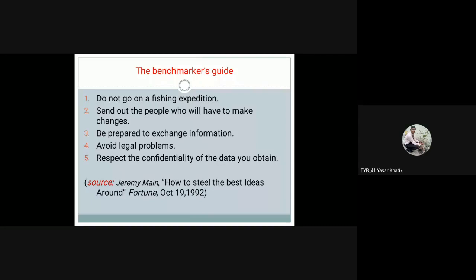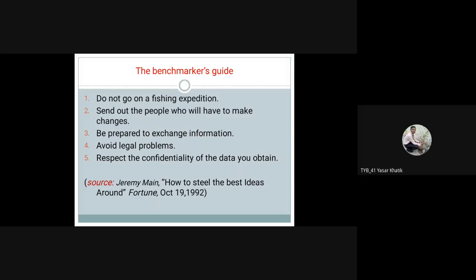Like this, in an organization, before doing the benchmarking we have to prepare one manual guide for the benchmarking. So each and everyone will go through that manual, and once they understand the process of benchmarking, it will be easy to do the benchmarking at any level in the organization.